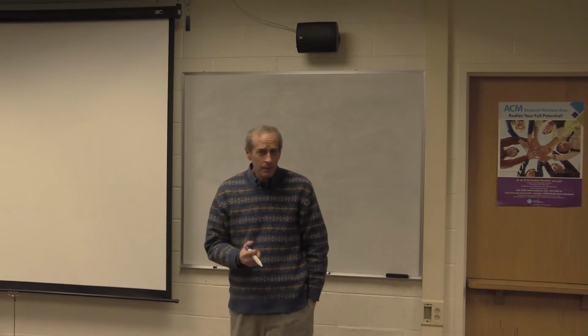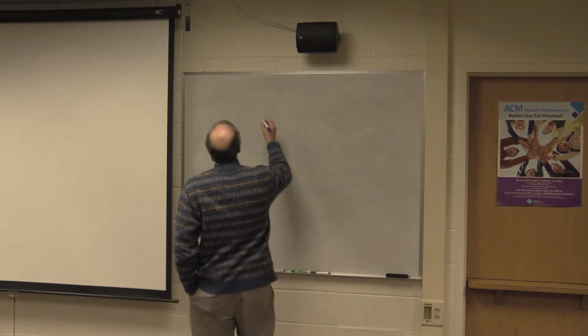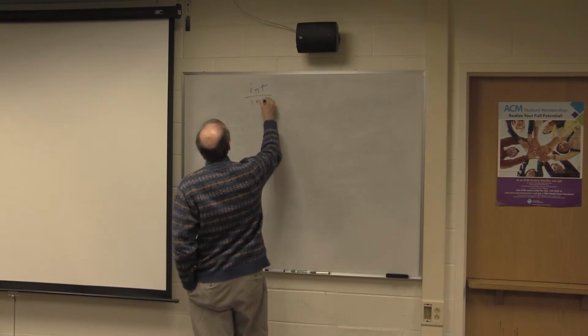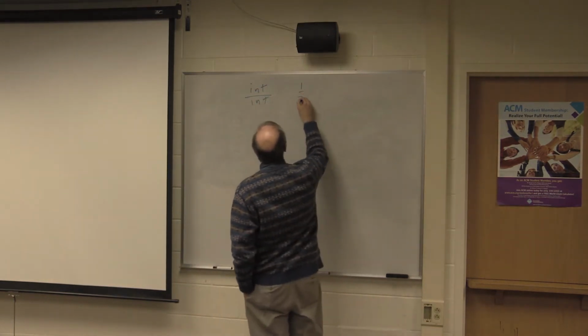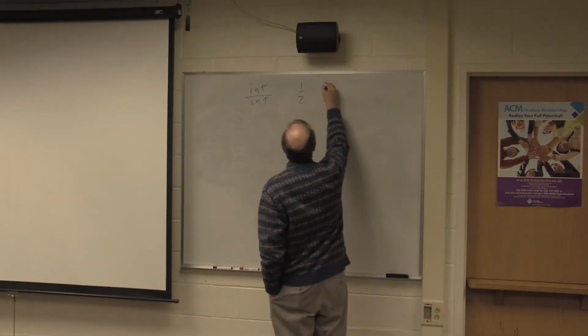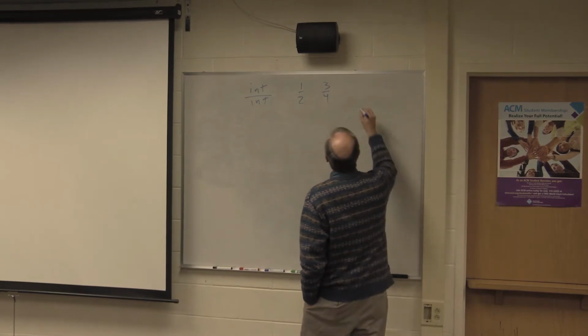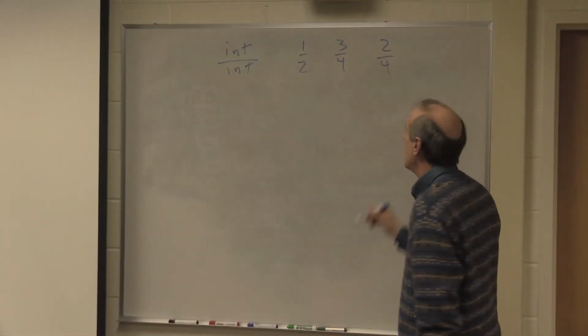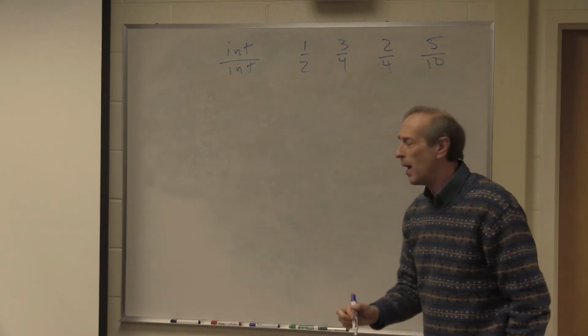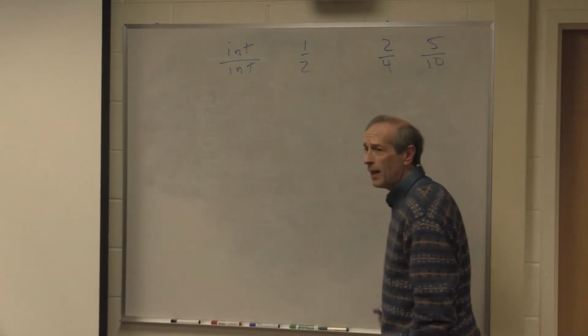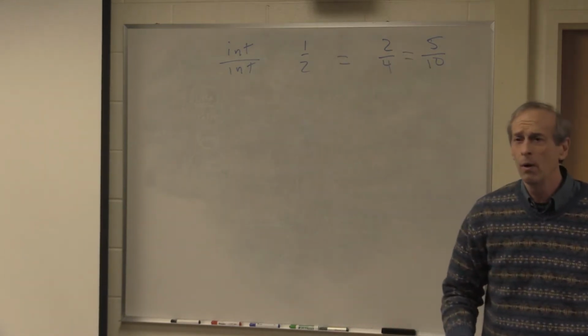essentially, let's talk about the rational numbers first, right? And it gives us the context under which we can then look at how you express classes in C++. So the rational number is simply the form of an integer over an integer. If you remember that, 1/2 is a rational number, 3/4 is a rational number, 2/4 is a rational number, 5/10 is a rational number, but what is interesting about that is these are, of course, equal, right?